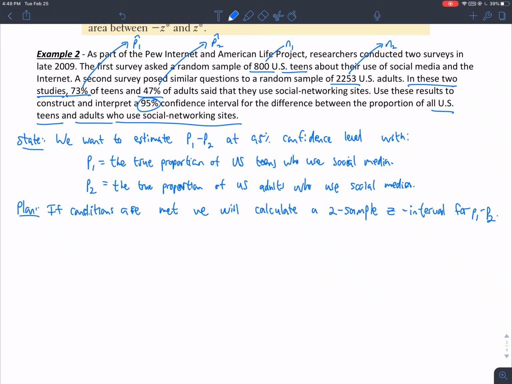Okay, so again, this is the formal name of the procedure, 2-sample z interval. On your calculator, guess what? It's going to be called 2-prop z interval. But hey, here we are.